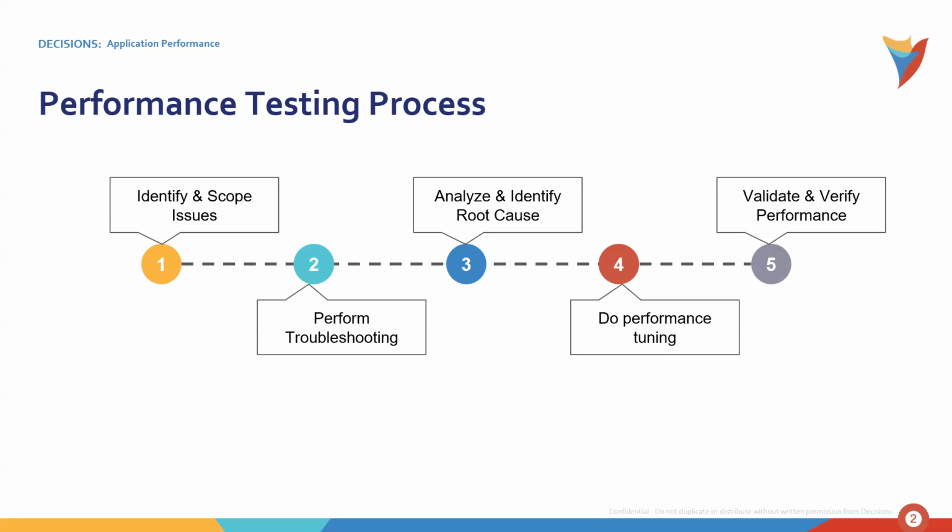And then the fourth activity, which is to actually tune the performance of the application. And lastly, once the tuning is done, you once again compare the metrics, validate, and verify whether the performance issues have been fixed or not. These are the 5 steps that as a developer you will do in each phase of the performance testing. So let's talk about each one of them.